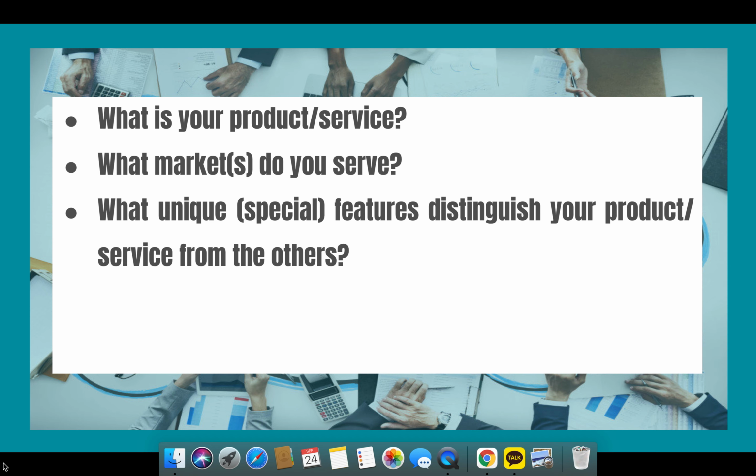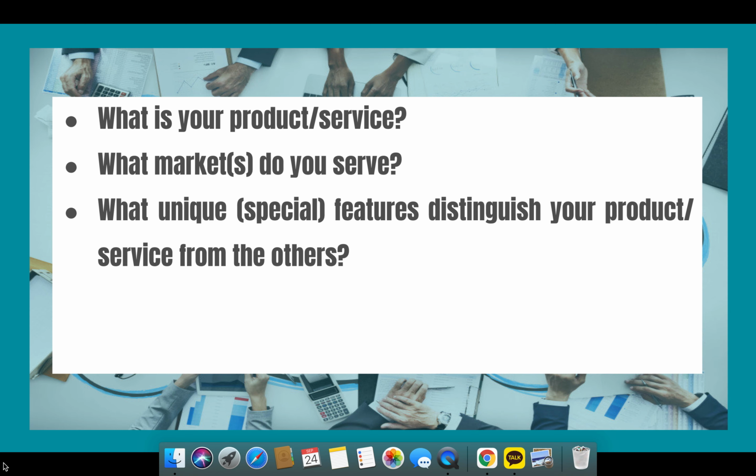The third is, what unique or special features distinguish your product or service from the others? This is what we consider the value. If there are already existing businesses, the same business that you will set up, what do you think will be your advantage?